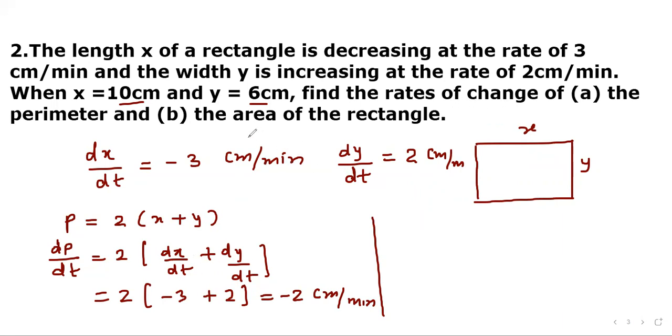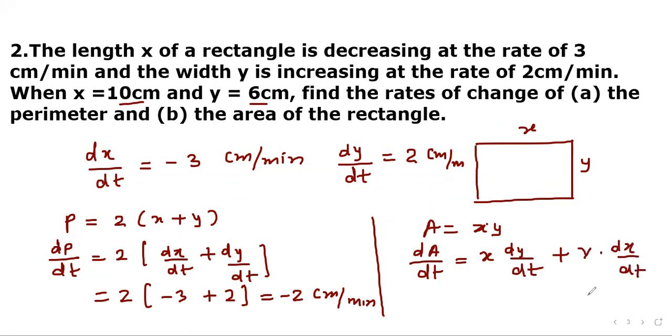Now the rate of change of area of the rectangle. So the area of a rectangle is given as length into breadth. So dA upon dt, the product rule can be applied here: x dy by dt plus y into dx by dt. Now, if we put the values, x is given as 10.